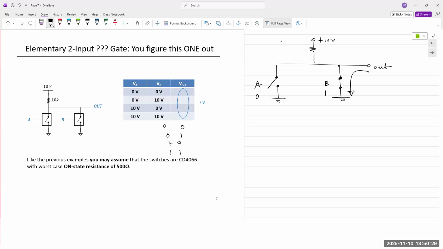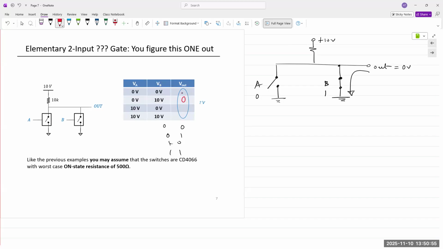Output is 0, because now it has a direct pathway to go to ground, right? So output is 0. So for this case, it is not 1, sorry, it's 0.